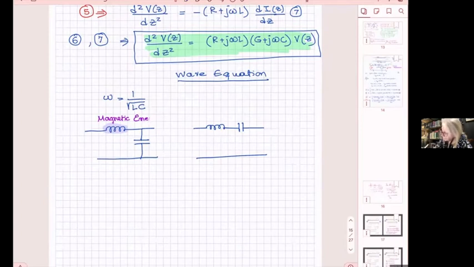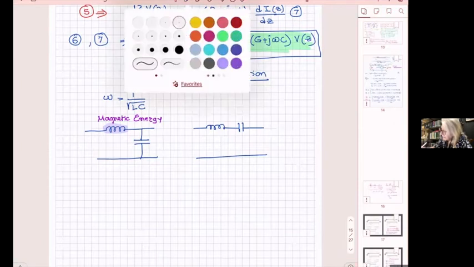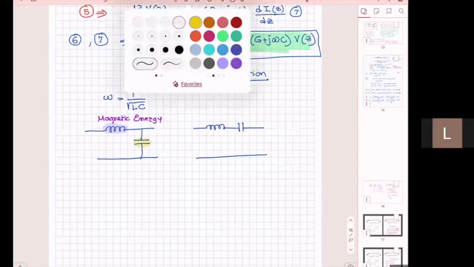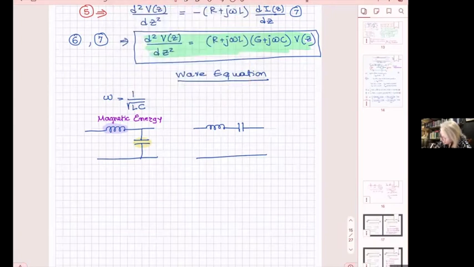So what is inside the other one? What kind of energy is inside? Electrical. Electric energy. So now we have here electric, not electrical, electric energy.